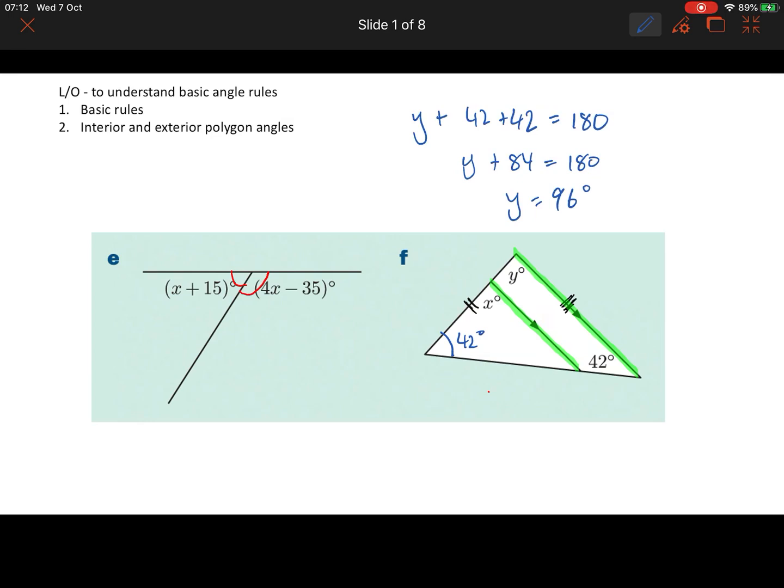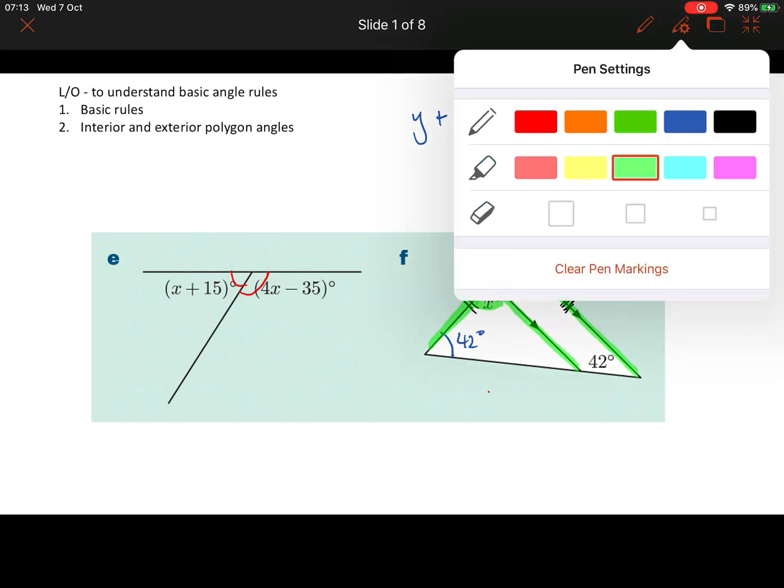And if y is 96 degrees, then so is x. Why? Because we've got that F shape with parallel lines, so angle y and angle x are corresponding angles, and corresponding angles are equal to each other.